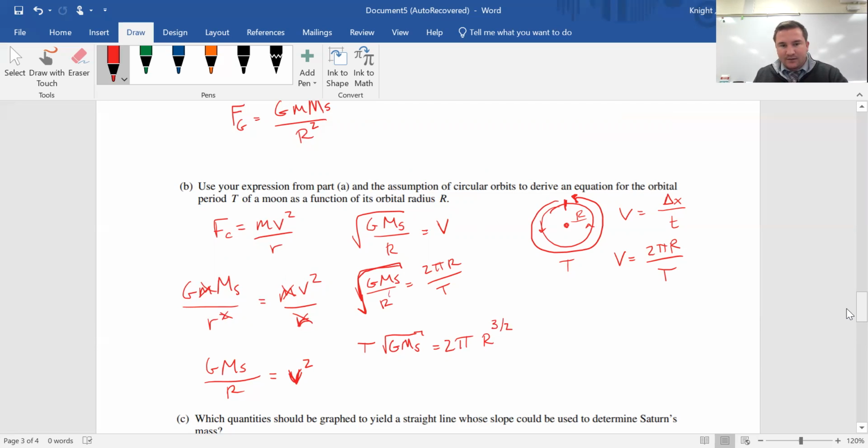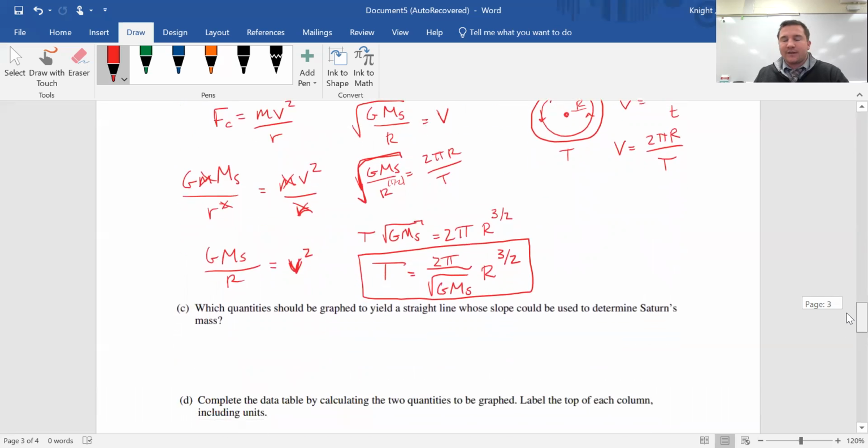Because this is technically a 1/2 r, and when we multiply it up, we add 1 over 2 and 2 over 2, and we get 3 halves r. Divide the root G ms over, and we get the orbital period is 2 pi divided by root GMS, times r to the 3/2. There is our equation that relates orbital period to orbital radius.